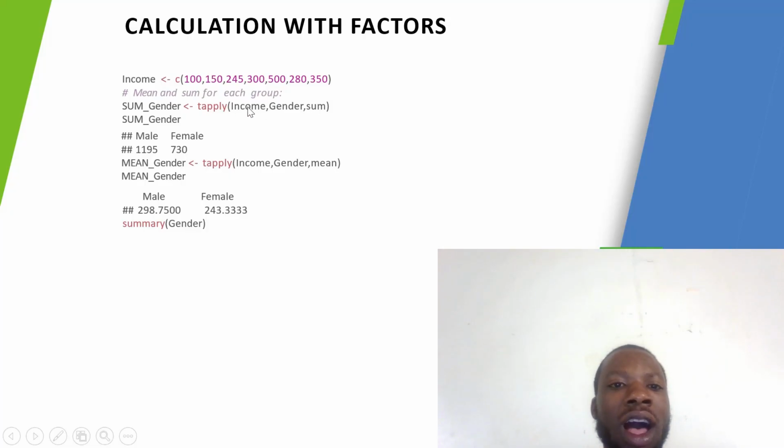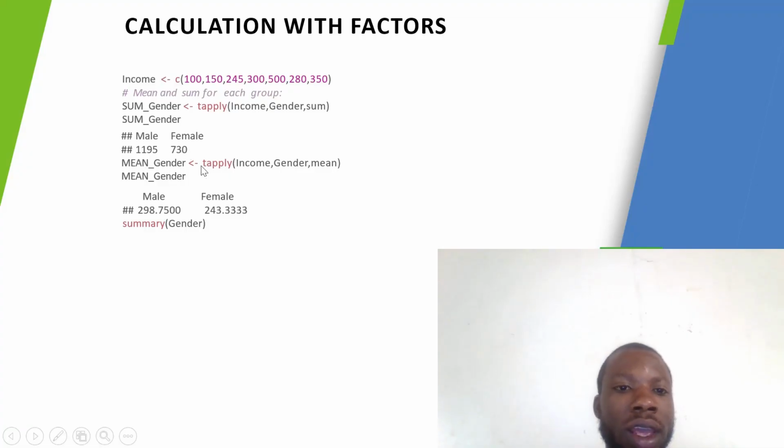Here I have the income variable and then I have gender, but I'm trying to see the total. In gender, I have male and female, but I need to see the total of each. So I'm going to see the male and its total, and the female and her total.